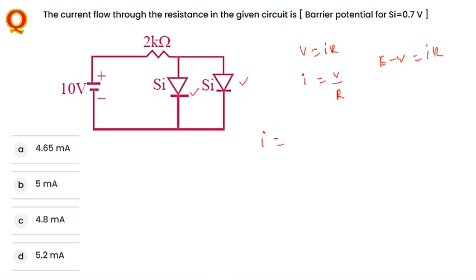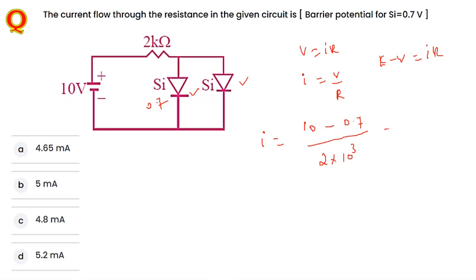Both have 0.7 volt, so the potential will be the same. So I is equal to 10 minus the barrier potential 0.7, divided by the resistance, which they have given as 2 kilo ohm, that is 2 into 10 power 3 ohm.